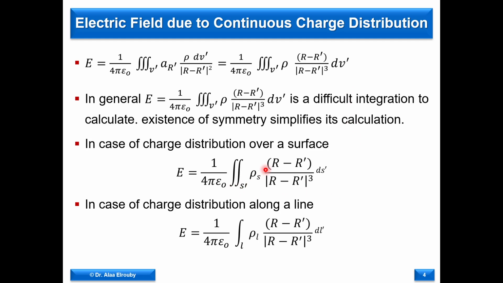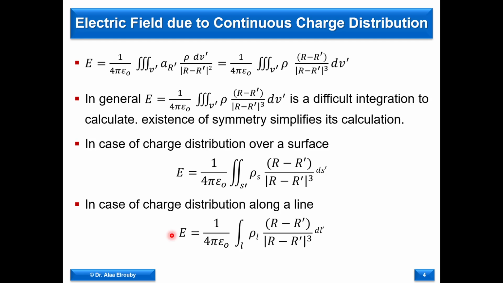For the case of a surface, the charge distribution will be surface charge density. So the surface is divided into tiny differential surface elements. The charge in each differential surface element is rho_s multiplied by ds prime, because this is the source, and the same thing: R is the position vector to the observation point, R prime is the position vector to the surface differential element.